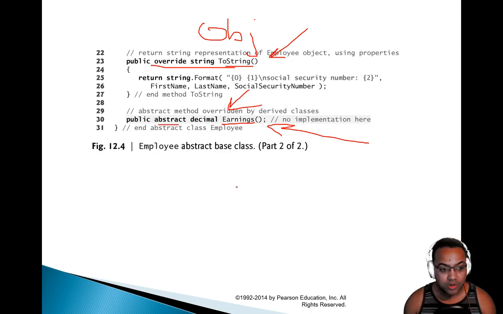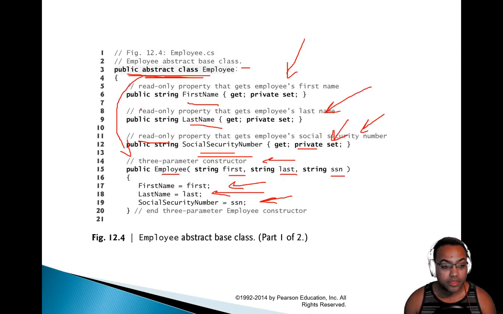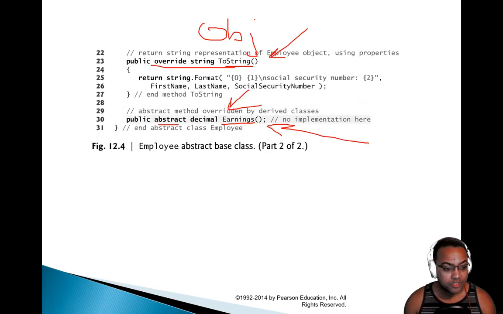That's what happens when you call an abstract method. Unless, of course, that derived class is abstract. Then you don't have to do it. But in every other derived class, which is not abstract, to employee, because we call this method earnings abstract, it has to be overridden by all of them. All of the classes have to override it.